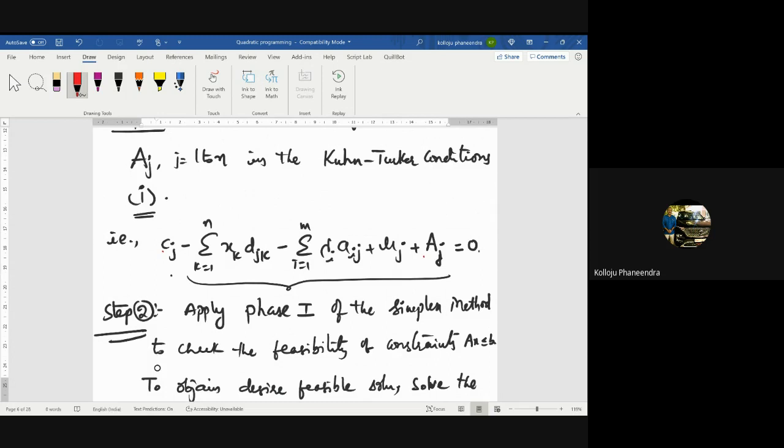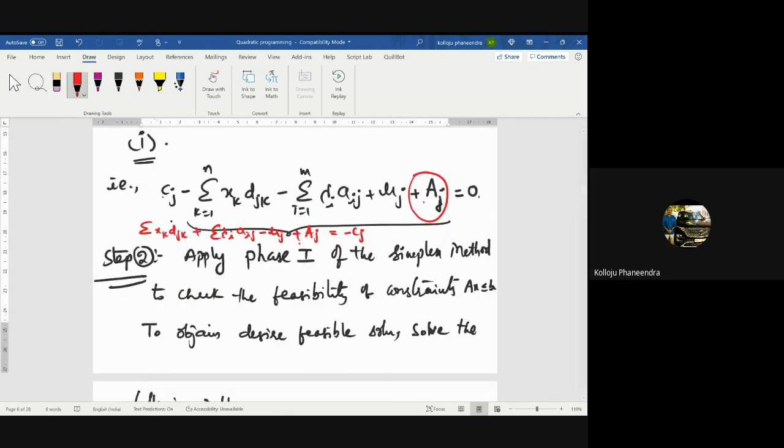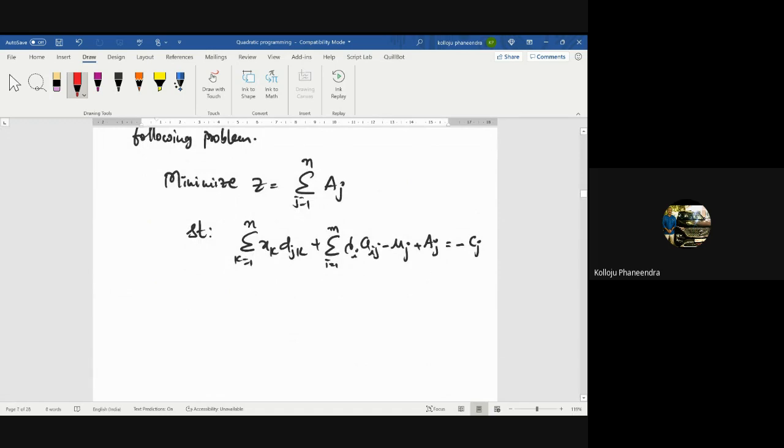So I will write this constraint as: multiplied by minus, sigma xk djk plus summation lambda i aij minus mu j, plus Aj, equal to minus cj. The concept is like this, and in the problem it will be very clear. After multiplying by minus, taking cj that side, add the artificial variable. That is very important.